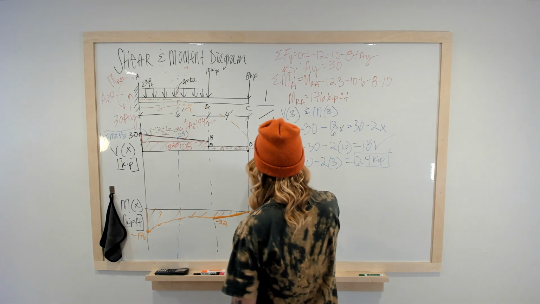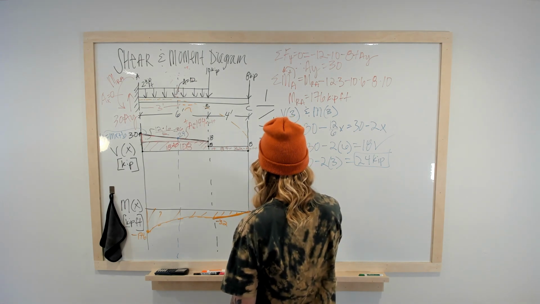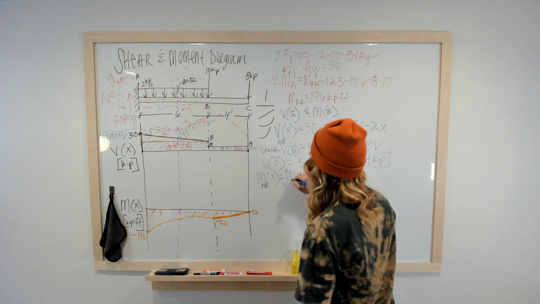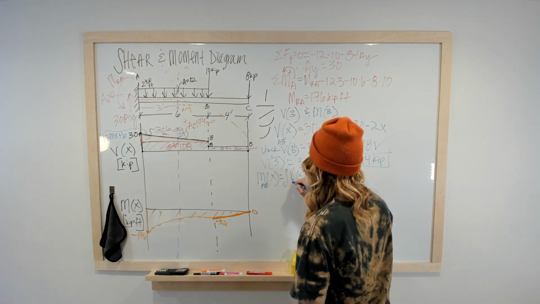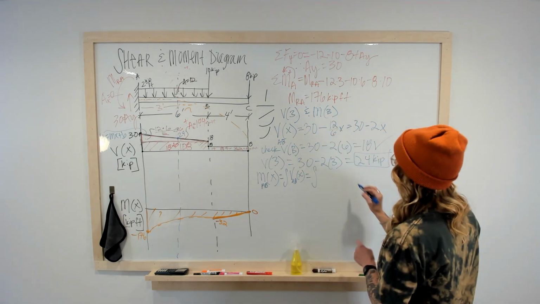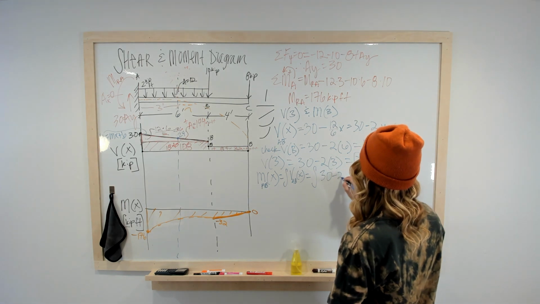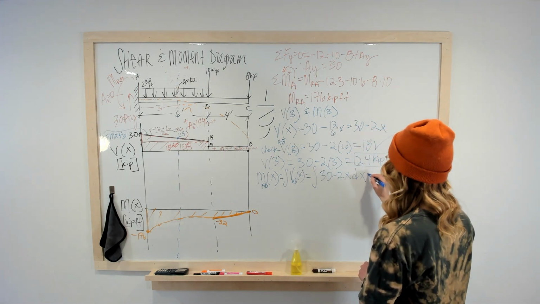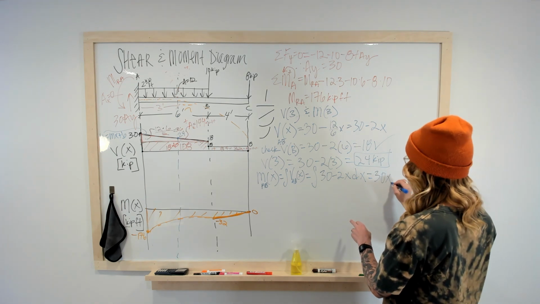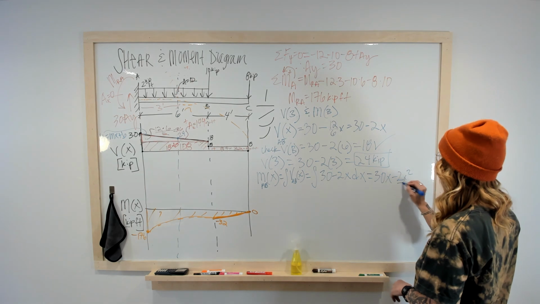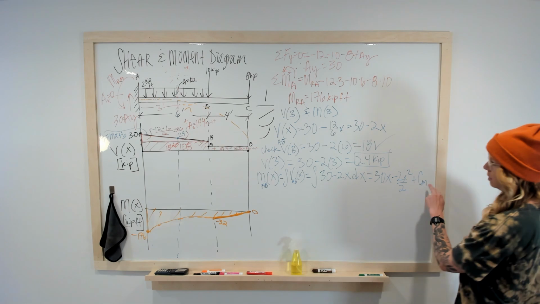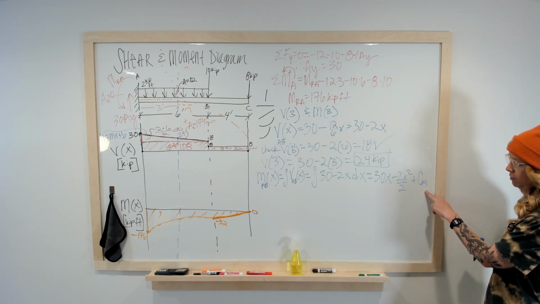Now, my M of x between A and B is equal to the integral of V of x between A and B, which is equal to the integral of 30 minus 2x dx, which is equal to 30x minus 2x squared over 2 plus C_M. This is my constant for my moment diagram.